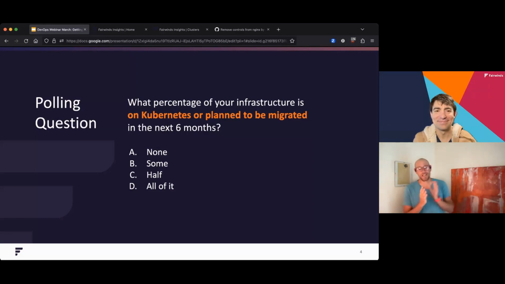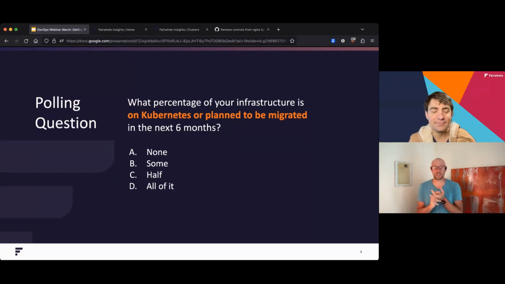So before we get started, let's do a poll here. What percentage of your infrastructure is on Kubernetes or planned to be migrated in the next 6 months? Because we asked what percentage, we're giving very specific percentages here as possible answers. Some of the percentages are none. Some of the percentages are some.